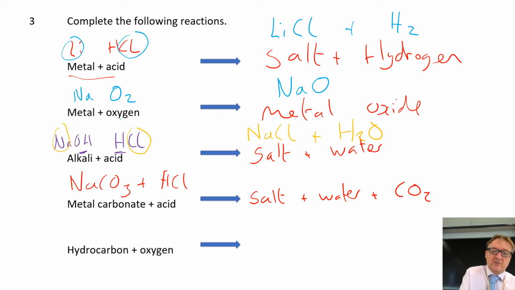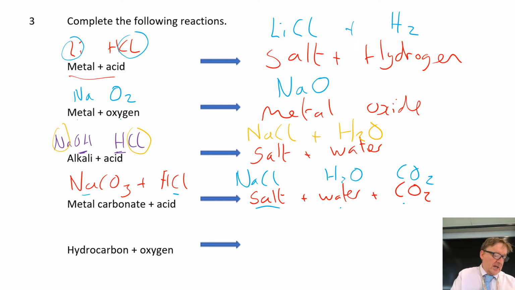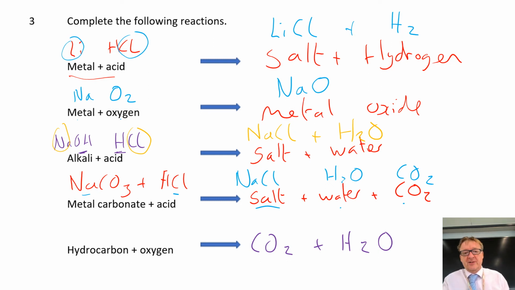The salt will be a combination of that and that, which will be NaCl. I then make water and I make carbon dioxide. The only hard part about that is working out what the salt would be, because you're already told that water and carbon dioxide are made. A hydrocarbon and oxygen: what we always make on that is carbon dioxide and water. There is no salt involved in it.